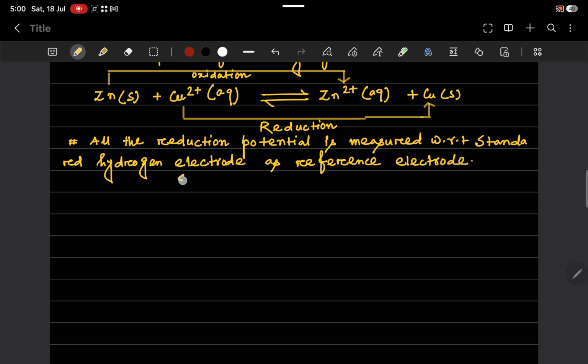Standard hydrogen electrode, in short form, we can write SHE.